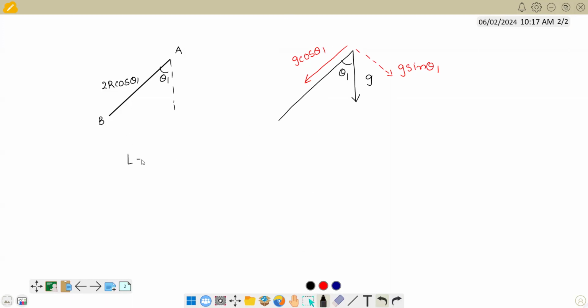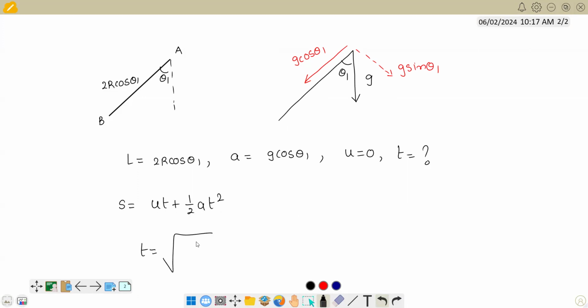So the length we got is 2R cos theta 1. The acceleration is g cos theta 1. Anyway, the initial velocity is 0. We have to find time. Which formula has all these? We have s equals ut plus half at squared, and we get t equal to root of 2s by a. So root 2 into s, which is 2R cos theta 1, divided by a, which is g cos theta 1.